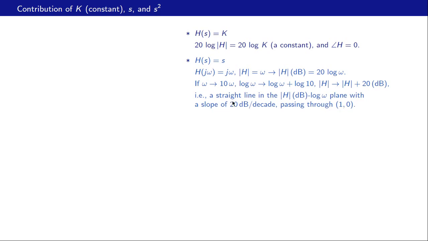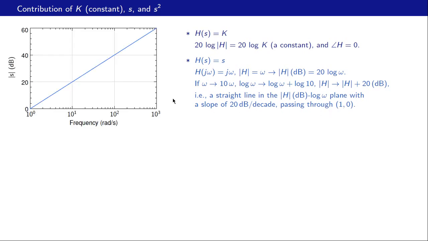So this is a straight line in the h versus log omega plane with a slope of 20 dB per decade passing through omega equal to 1, h equal to 0. If we put omega equal to 1 here, then 20 log of 1 is 0, and that is why we say that this line must pass through omega equal to 1, h equal to 0 dB.